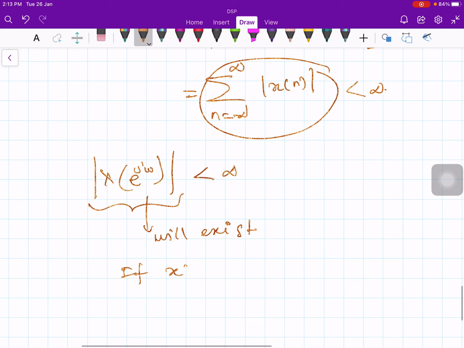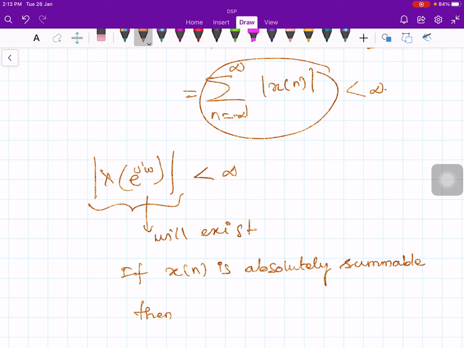If x[n] is absolutely summable, then its DTFT exists.